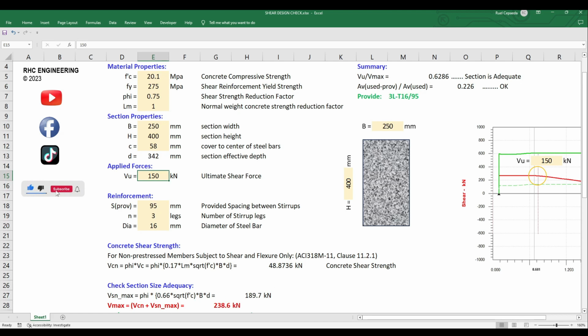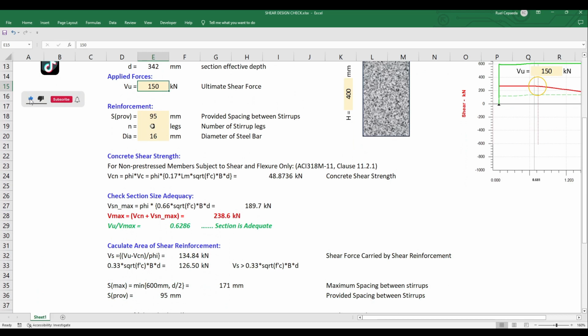That 58 is commonly when using a concrete cover of 40 plus stirrups of 10 and half of the diameter of the main bars. Let's say we use 16, so it's equivalent to 8, so that is 58.